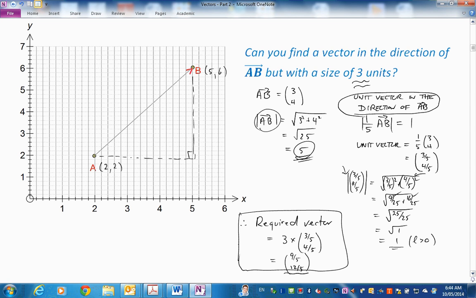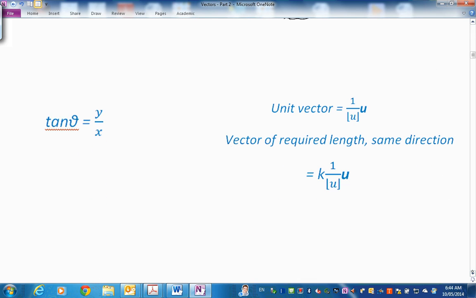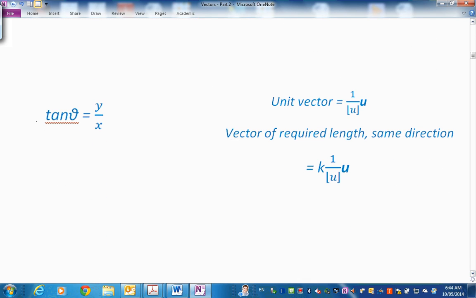Let's summarise those two little pieces that we've just done, and then we'll practice those. Okay, here they are. First of all, the tan of the angle that the vector makes with the positive direction of the x-axis is the y component over the x component.